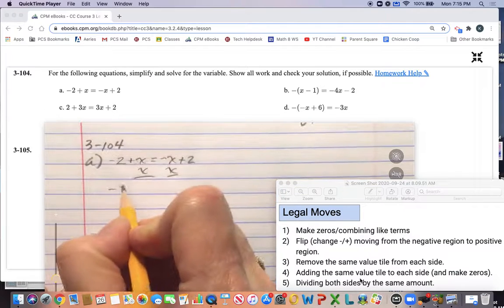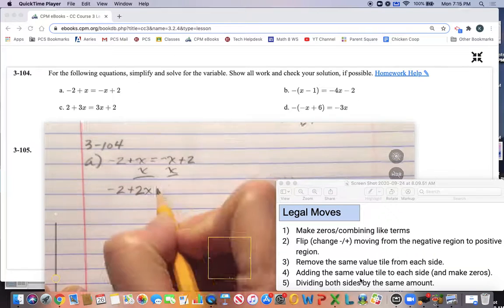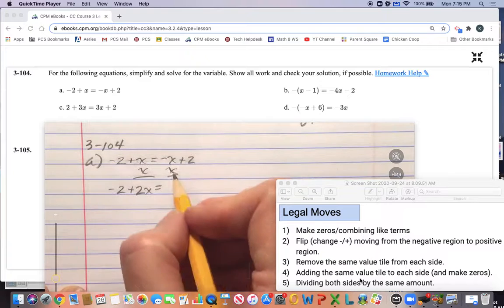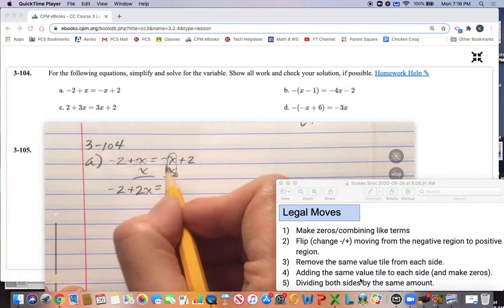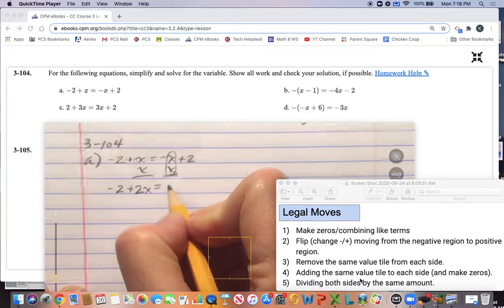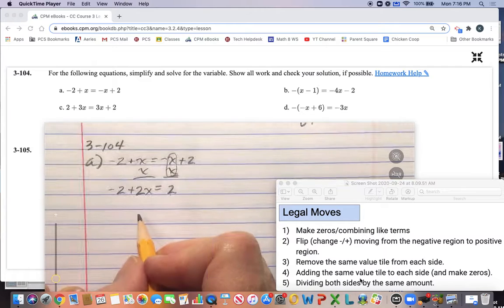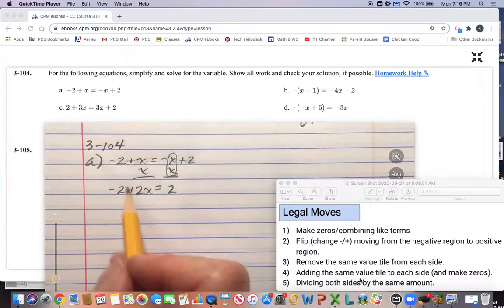And this side has a -2 plus, now I've got two x's, so it's 2x. And that's equal to -x plus positive x is going to be 0. So that's zeroed out. And then all I have left on this side is the 2, which I'm dropping down. All right, so the next thing I need to do is try to get x by itself.